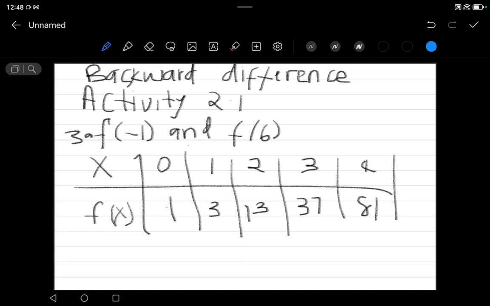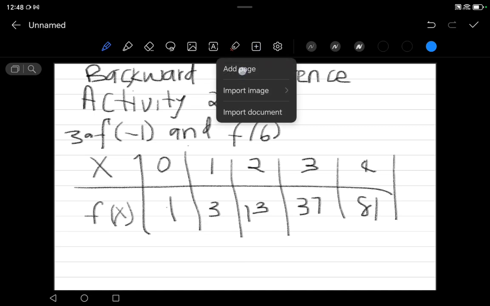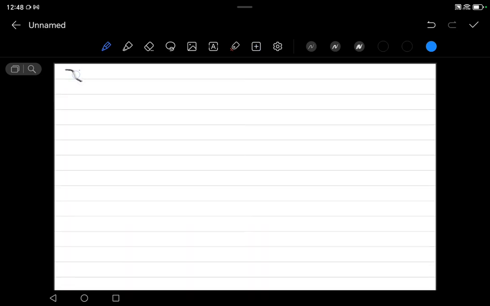So let's construct a table together. Guys, don't forget to skip a line when you construct a table, please. The y values are 1, 3, 13, 37, and 81.